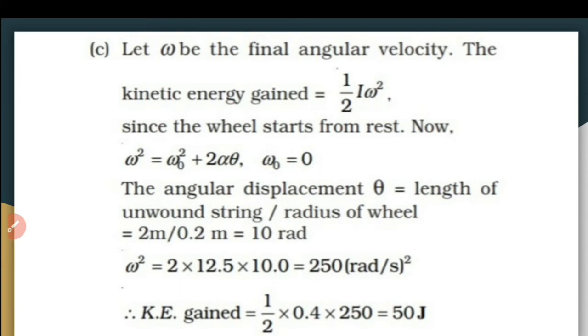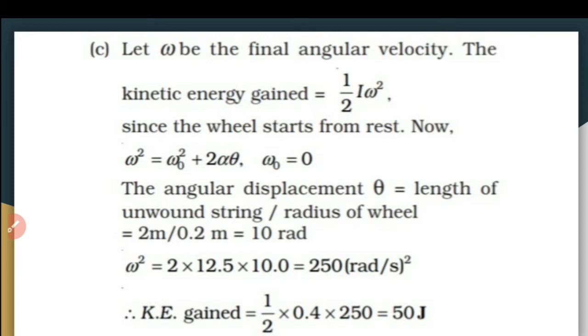We have the equation omega square equals omega 0 square plus 2 alpha theta. Substituting for alpha and theta, we need to find theta first. Theta is the angular displacement.